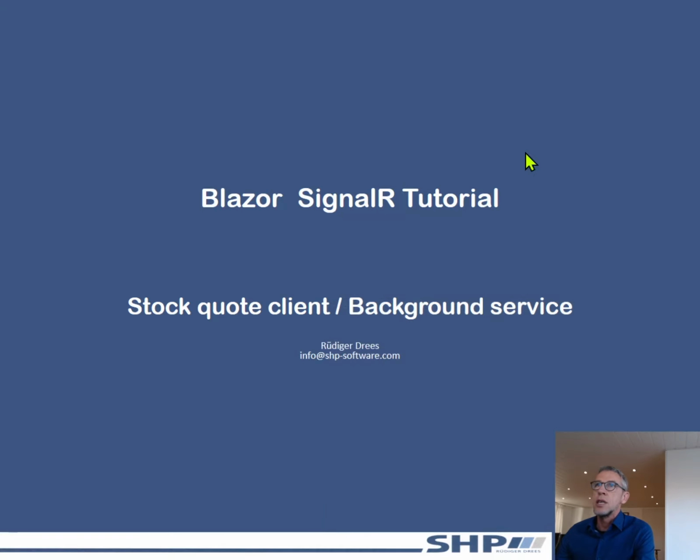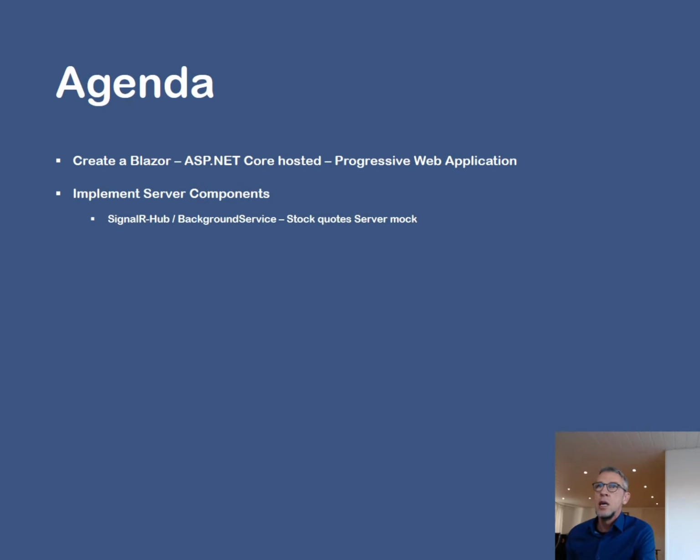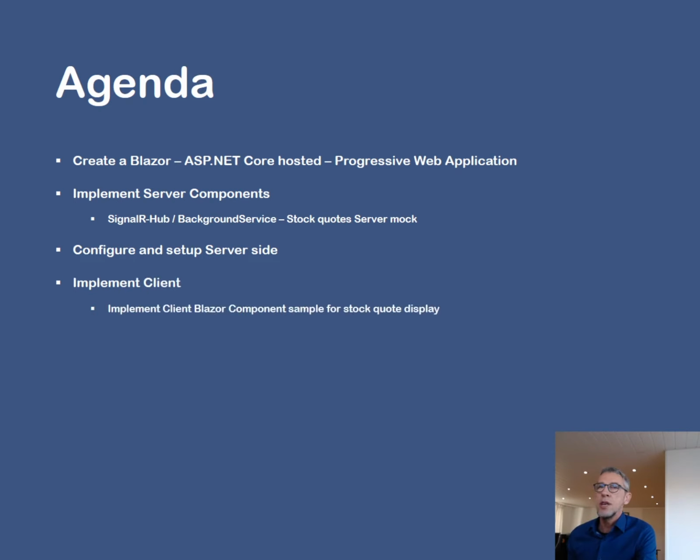Let's quickly go to the agenda of this tutorial. We are going to create a Blazor ASP.NET Core hosted progressive web application. Implement the server components, the SignalR-Hub, the background service, and build a small Stockquote server mock. We're going to configure and set up the server side and then implement the client.